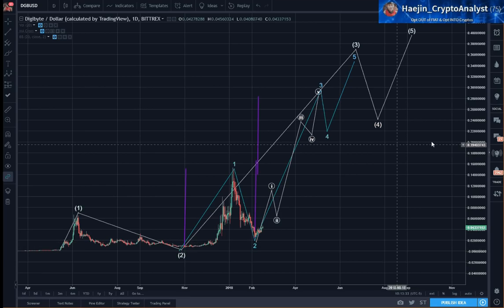So, do I feel like I'm sticking out my neck here on these projections? No, not at all. I'm calling it as I see it, based on the wave projection. In fact, it'll probably be much higher than here. Am I being a perma bull? No, not necessarily.